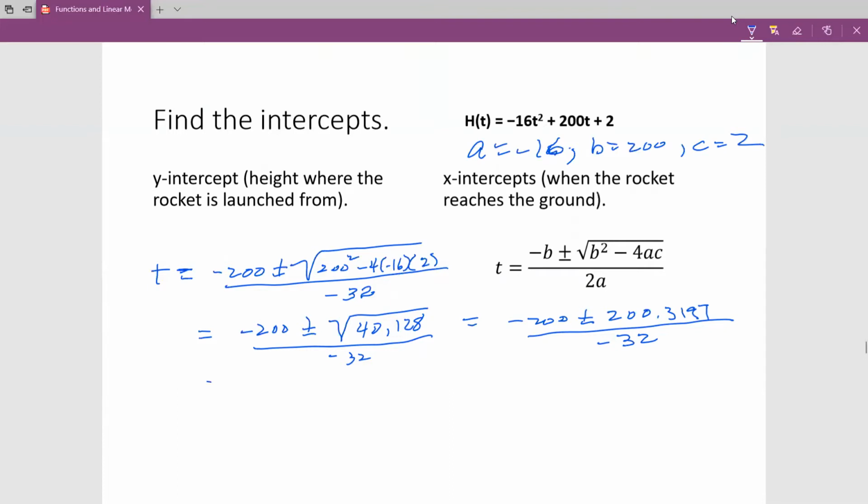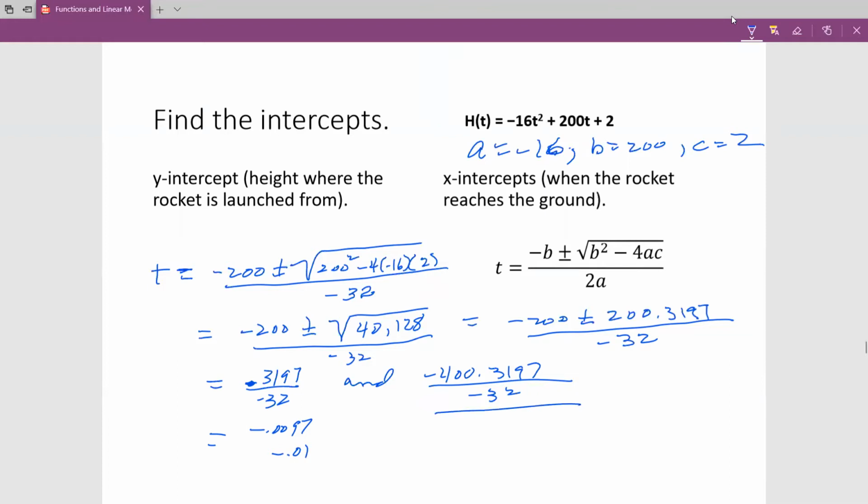This becomes -0.3197 divided by -32, and -400.3197 divided by -32. This first one is about -0.0097, which I would round off to -0.01.